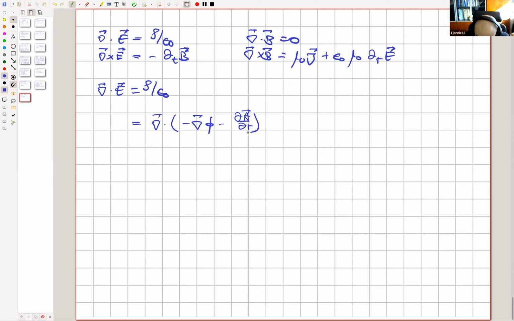So I can shuffle things around now, where again I can interchange the order of the divergence with the time derivative. So here I've got negative of the Laplacian minus time derivative of the gradient of A. And all of this equals rho over epsilon naught.